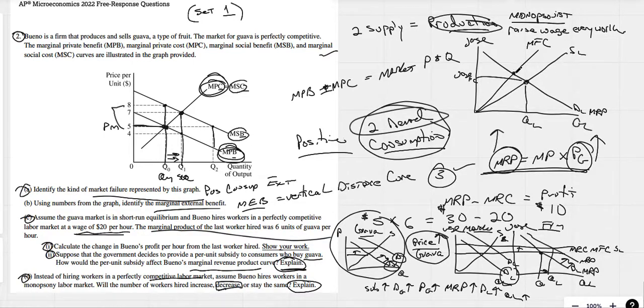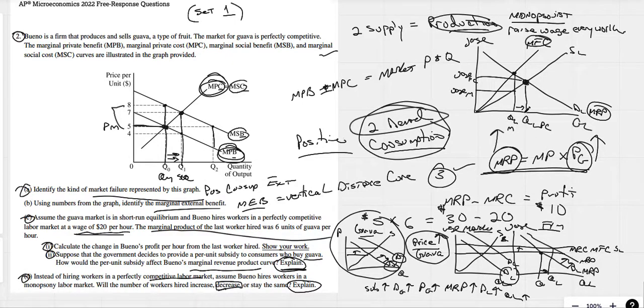So the monopsonist still hires where MFC and MRP come together, but he's going to hire fewer workers. And his wage, which they didn't ask in this specific instance, is always lower than a perfectly competitive firm. So the monopsonist wage is here, and the quantity of labor hired by the monopsonist there. Quantity of labor by a perfectly competitive firm is obviously more.